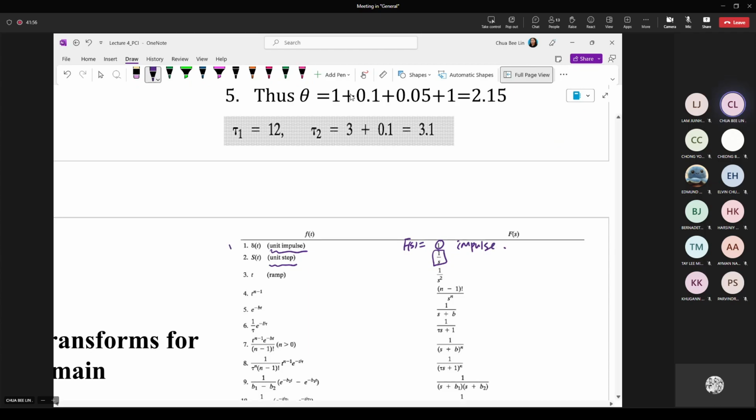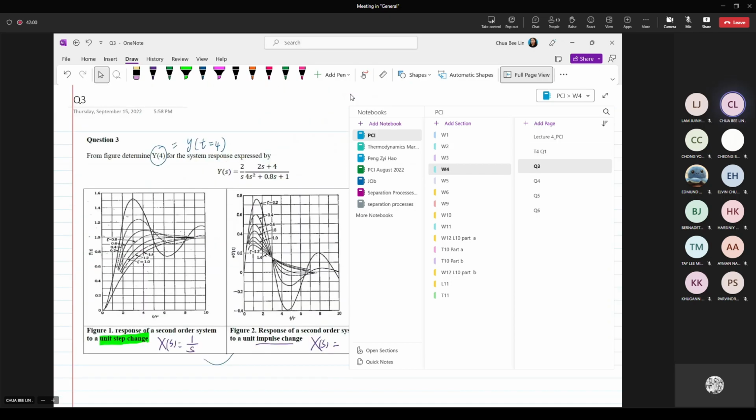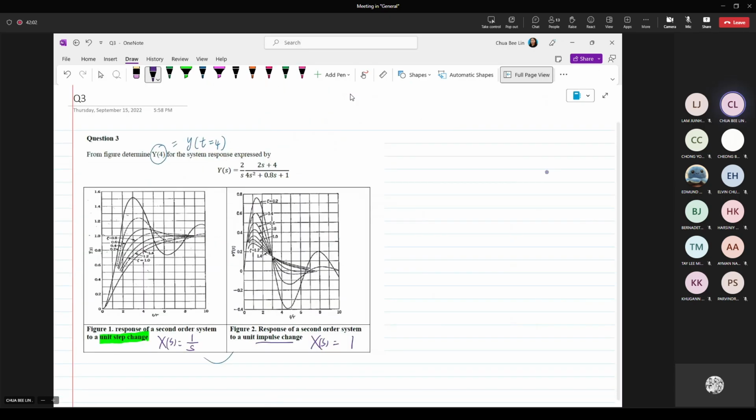So this is term 1 and term 2. From here, you are having this unit impulse. This is unit step change. Now this is the one given to you.